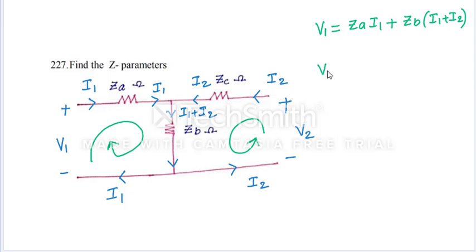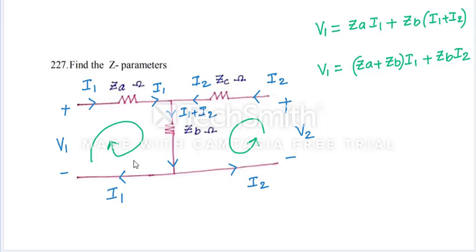So from this, V1 can be written as (ZA plus ZB) into I1 plus ZB into I2.